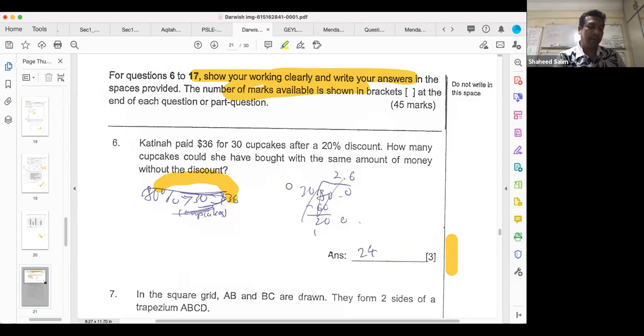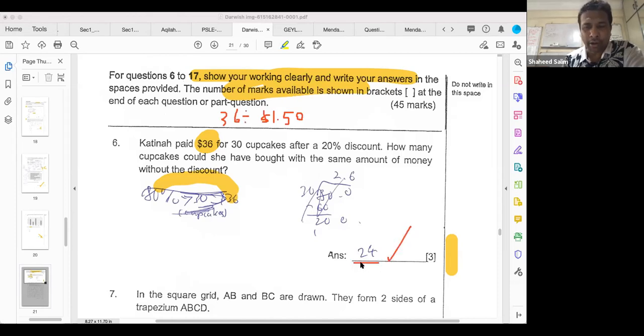Am I correct? It's 24, because she has only $36. Correct? You just need to score the goal. One cupcake is $1.50 without discount. So just take 36 divided by 1.5 and you get 24.